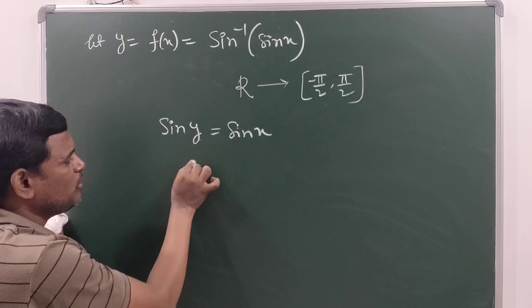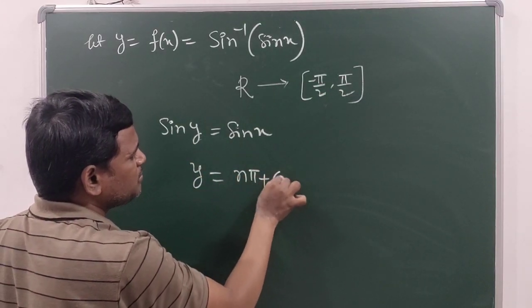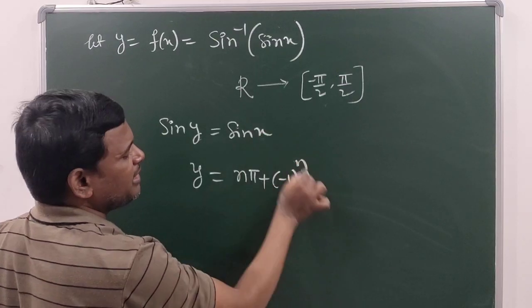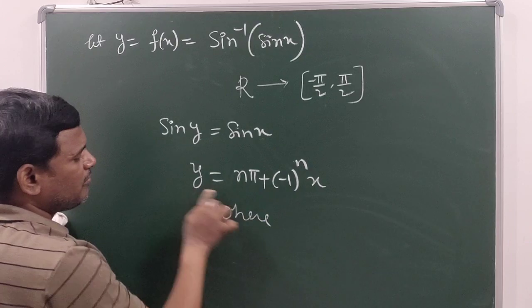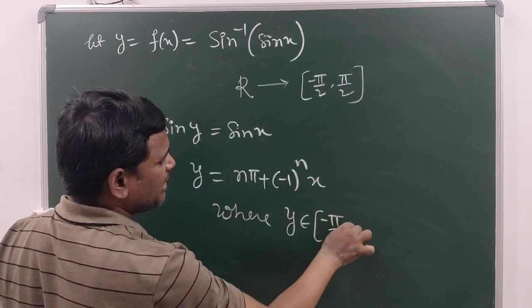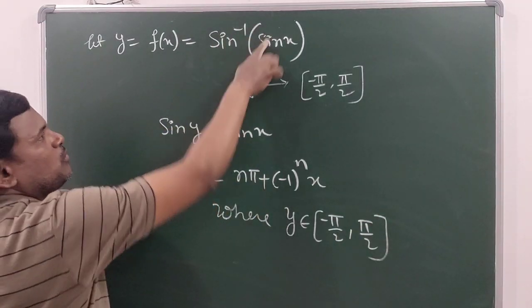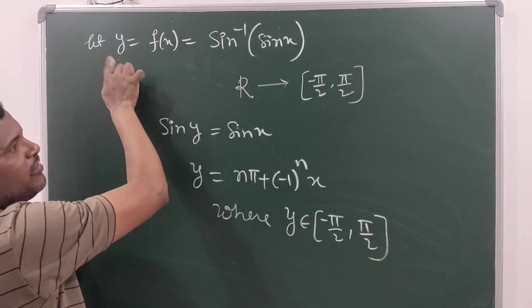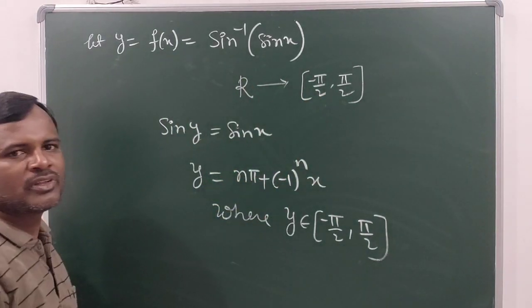There the general solution for this is y equal to n pi plus (-1) to the power n times x, where y belongs to -90 to 90. Okay, see, this total thing we have considered as y, so your y should be in -90 to 90.